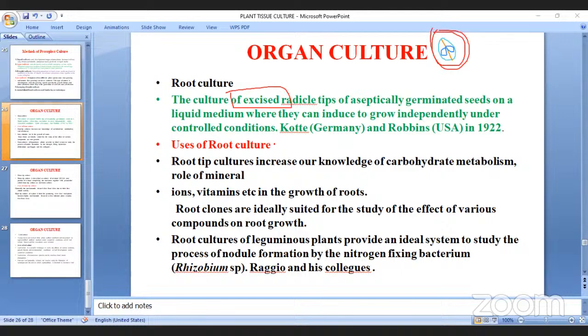So this is the radicle tip. This is the shoot tip. We select as explant only the radicle tip.